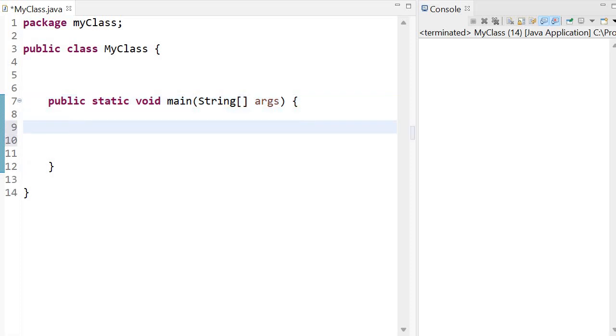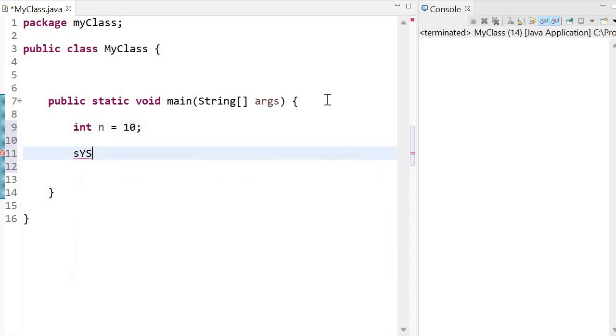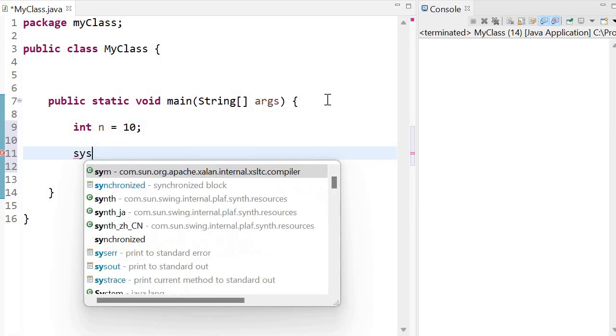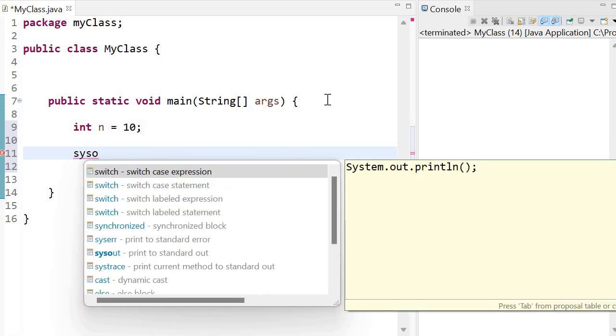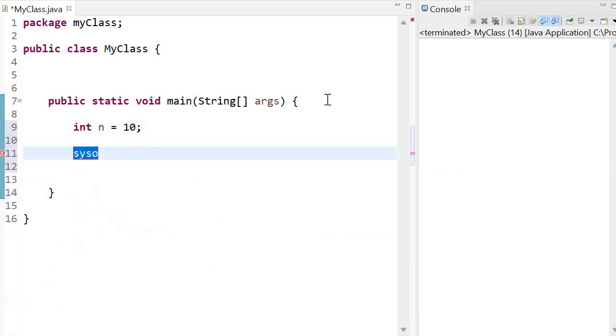Here I will be taking a number, for example n, and let us assume n is equal to 10 for now. I have to check whether it is a centered hexagonal number or not.